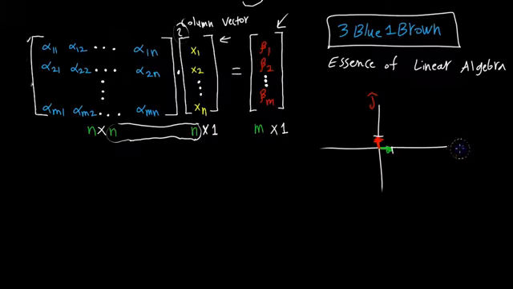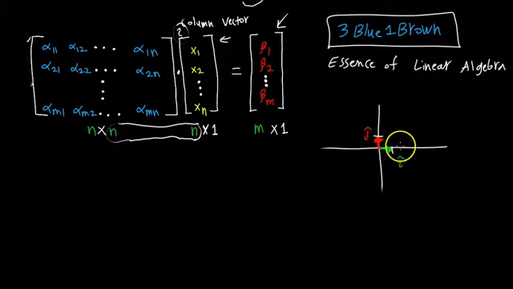I have a 2D space, and I have these basis vectors, i hat and j hat, and basically, just like a normal Cartesian coordinate system, I want to be able to represent any point in space via some linear combination.